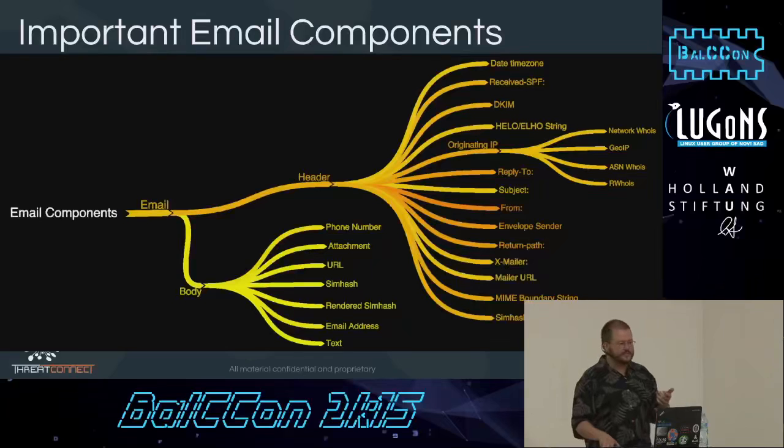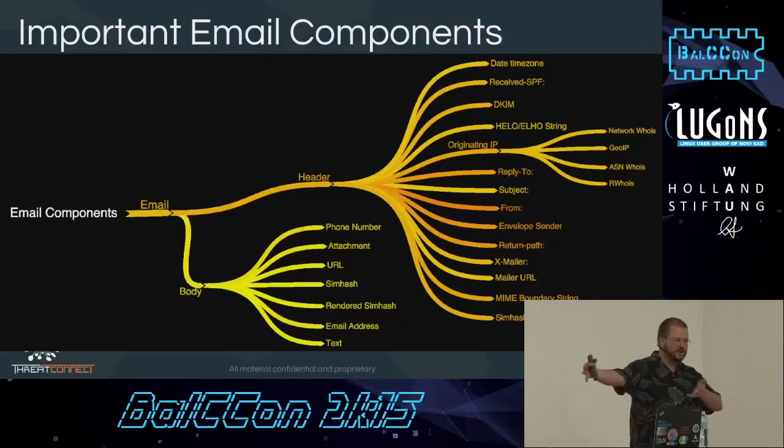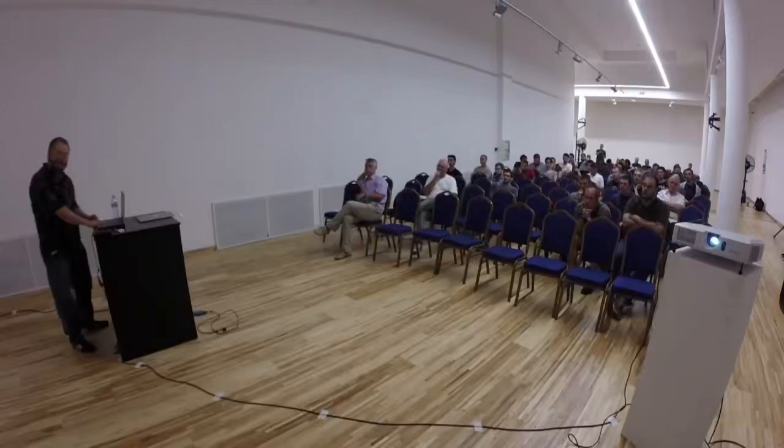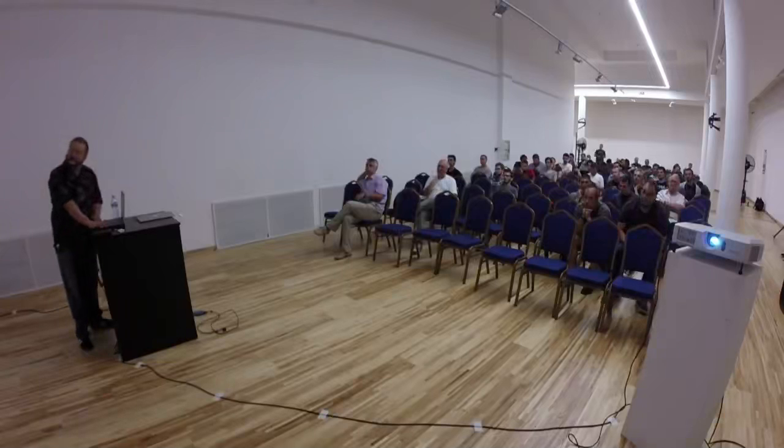What I use is Beautiful Soup. You can use any type of scraper software, but I use Beautiful Soup to remove all of the HTML tags, and then I take a SimHash of the remaining data. And then obviously you can get an email address and the text of the body. So this is just an overview of some of the different things that you can get from an email.